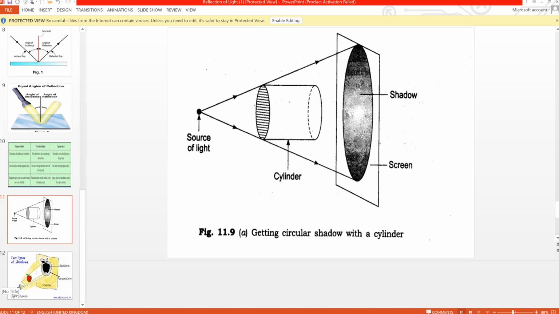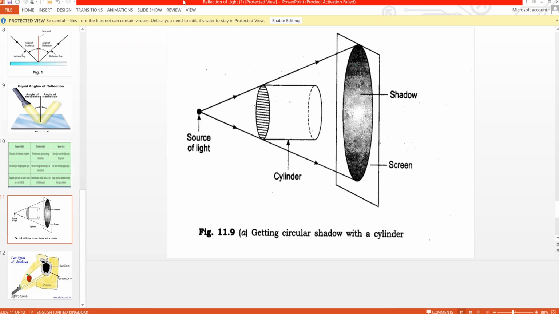The dark colored shadow we call umbra, and the light colored shadow region we name penumbra. This is all a physical phenomenon which happens naturally. I cannot explain why it is happening.